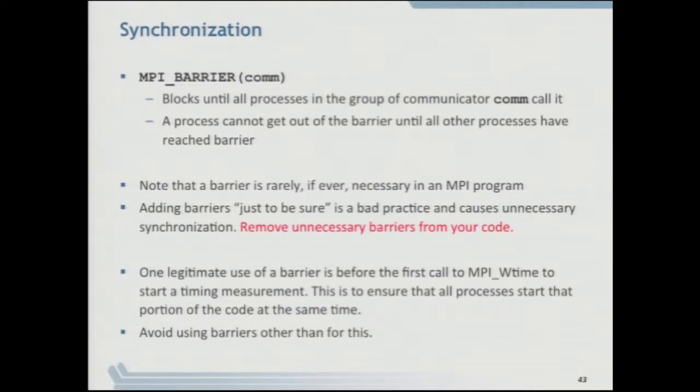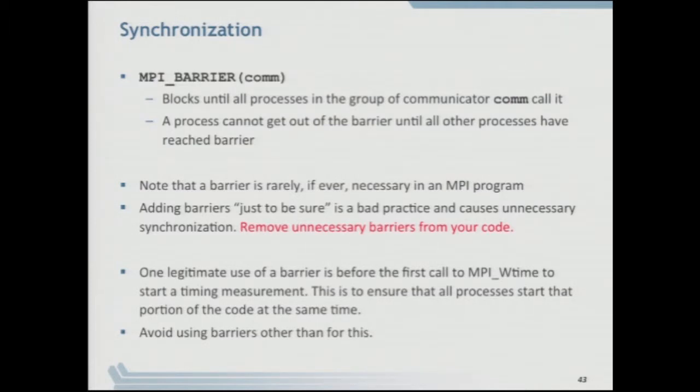I want to mention that in an MPI program, you don't really need to call a barrier. It's very rarely necessary in your program. But people sometimes, for debugging, or if they're not sure of what's going on, just throw in a barrier, and it's usually bad practice.